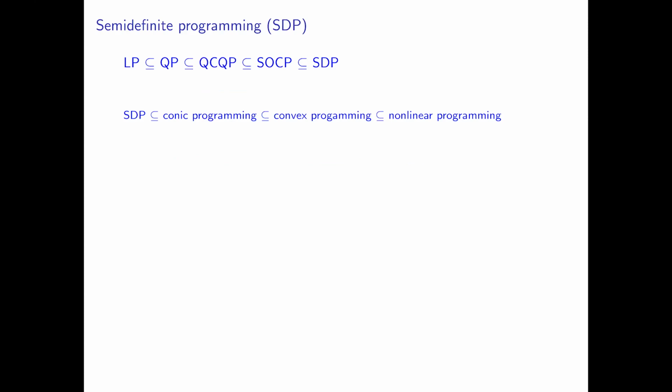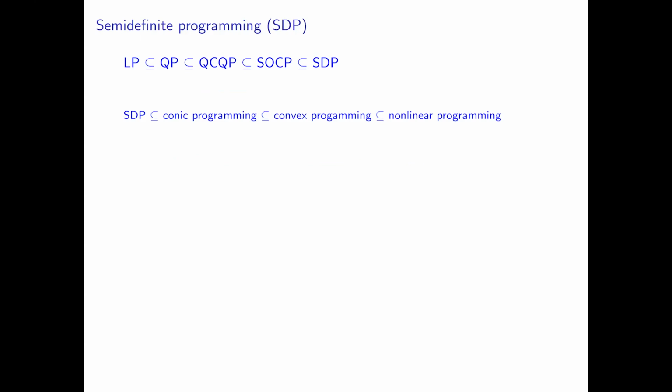The way you want to think about the entire structure of the things that we are telling you in this course, and that you will learn if you study optimization further, is that there are various classes of optimization problems. Linear programs are, so to speak, the smallest class. Every linear program is a special case of a quadratic program.